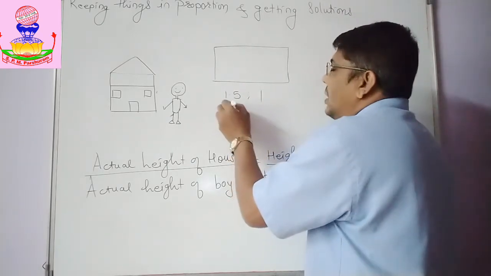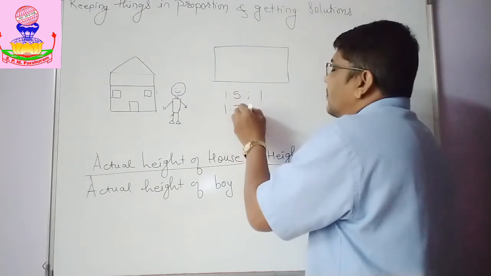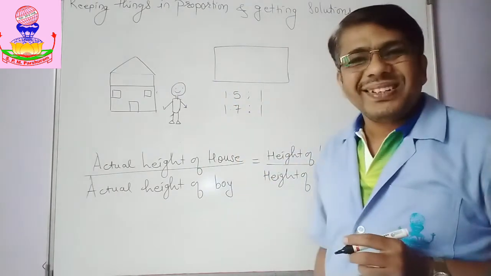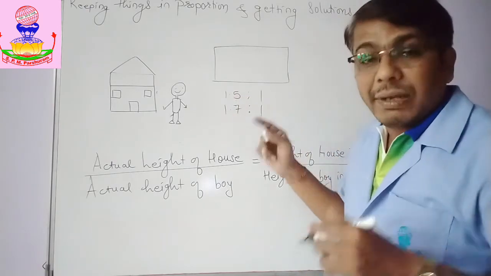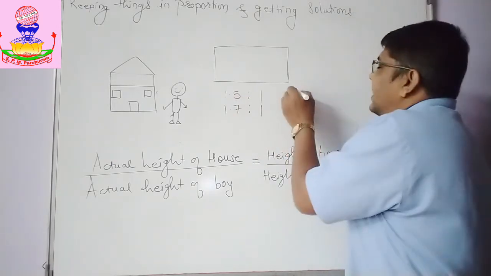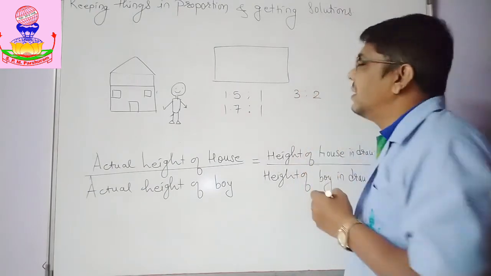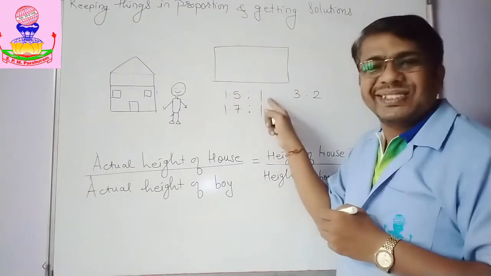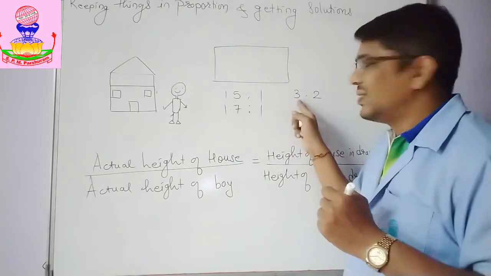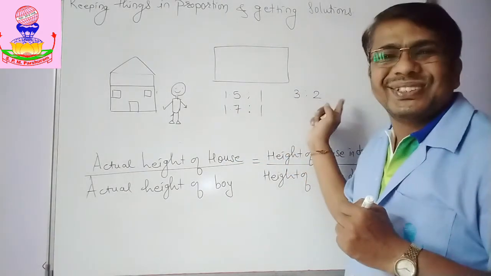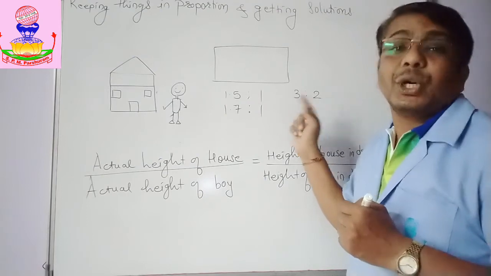Some countries follow it like this also, 1.7 is to 1. You can convert this roughly. Instead of decimal point, I can take it as 3 is to 2. What I did, I multiplied both by 2. 1.5 into 2, 3.0. So 3. And 1 into 2, 2. So 3 is to 2.